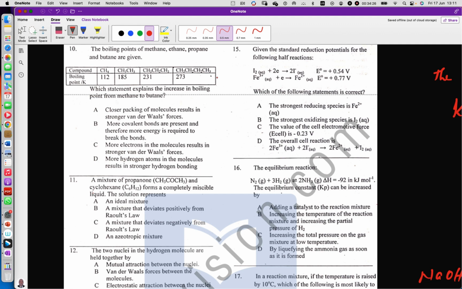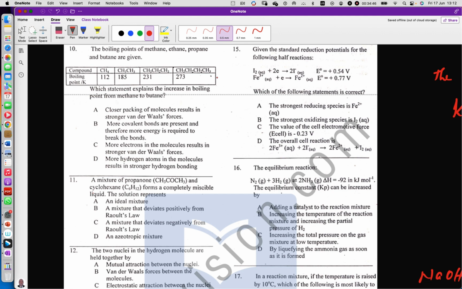The molecular weight is also increasing, as well as contact points. They are the contact points that matter. The contact points and the number of electrons. Why am I emphasizing the number of electrons and the contact points?